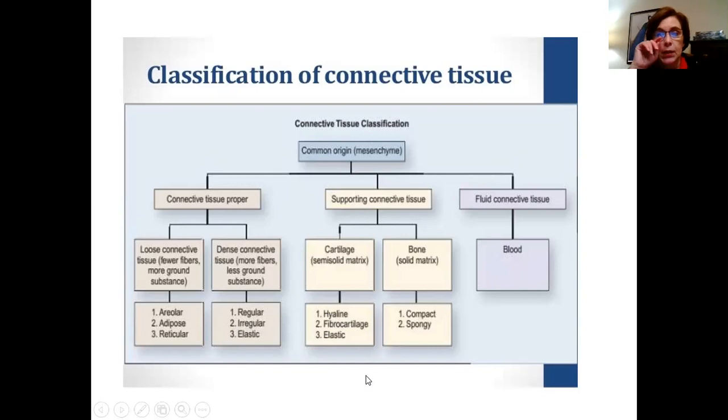So what I'm going to be testing you on is general characteristics. You know, which one's going to be harder, cartilage or adipose. So obviously that's going to be cartilage. What category does it belong to?